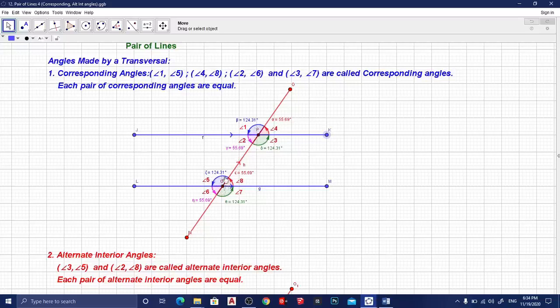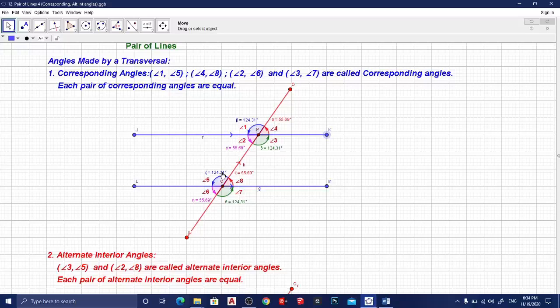These two angles are forming at the same place. Wherever this angle 1 is forming at these two lines, at the same place the angle 5 is also forming here. That's why angle 1 and angle 5 are corresponding angles to each other.